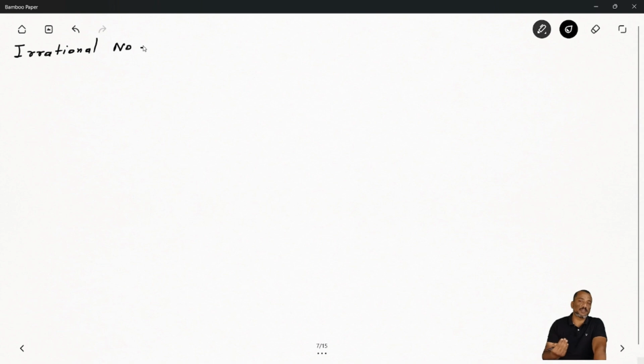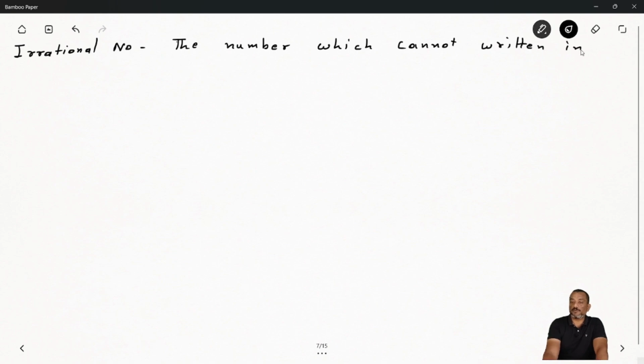A rational number is any number that follows the property P by Q. So an irrational number, simply saying, is a number which cannot be written in the form of P over Q, where Q is not equal to 0, are called irrational numbers.